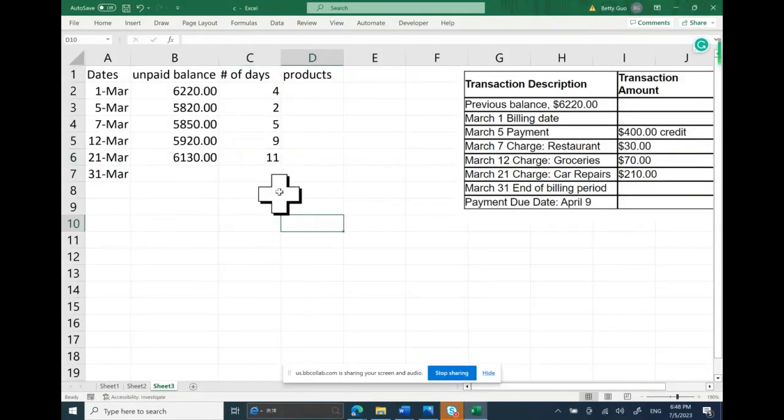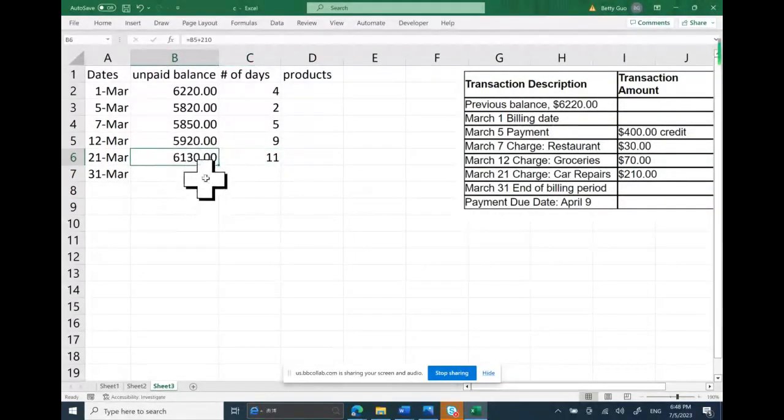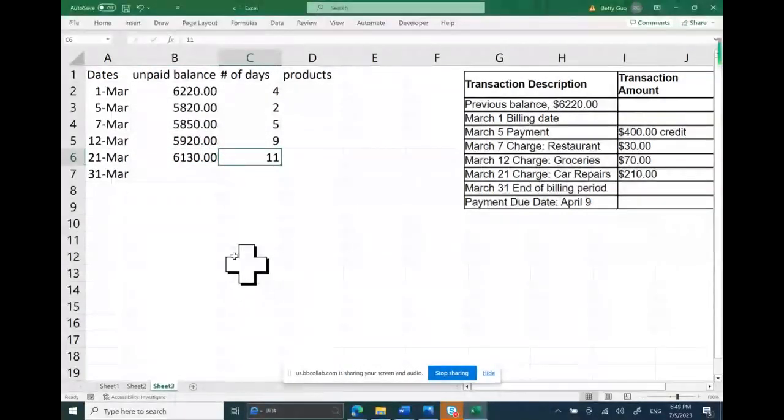The last one we need to add one more day. Let's count from the 21st, 22nd, 23, 24, 25, 26, 27, 28, 29, 30, 31, right? Because on the 31st, the last day, you don't have a purchase, you don't have payment. So this balance stays on your credit card for 11 days. That trick doesn't work for the last one, so be aware of that.